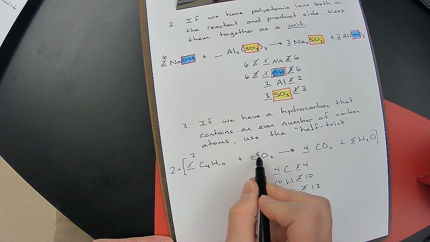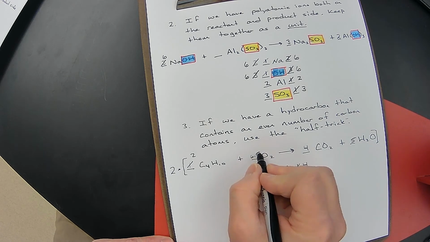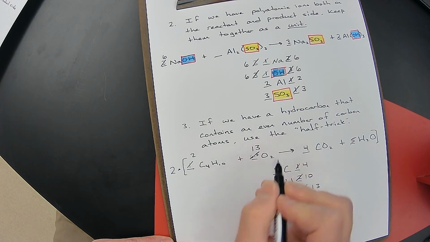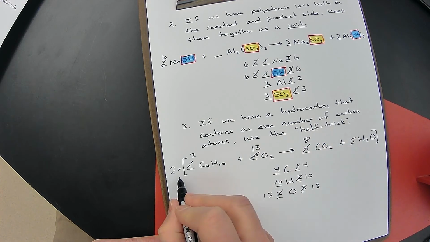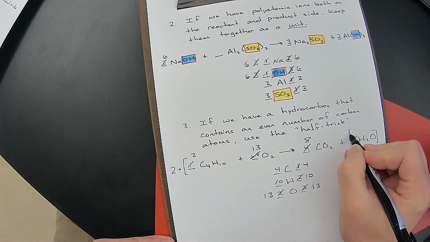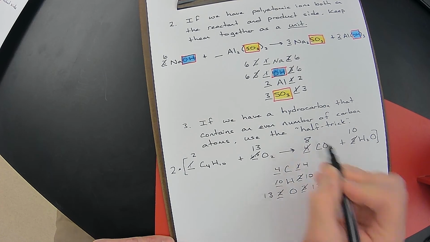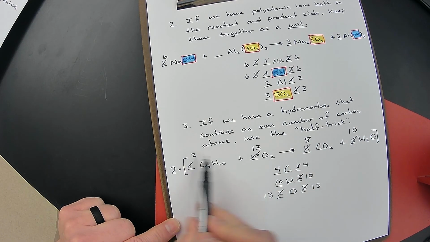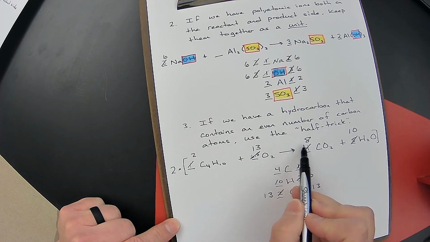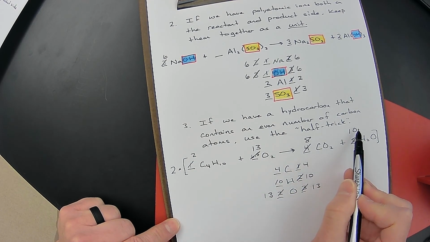The 6.5 turns into a 13. The 4 turns into an 8, and the 5 turns into a 10. So my coefficients to balance this equation would be 2, 13, 8, and 10.